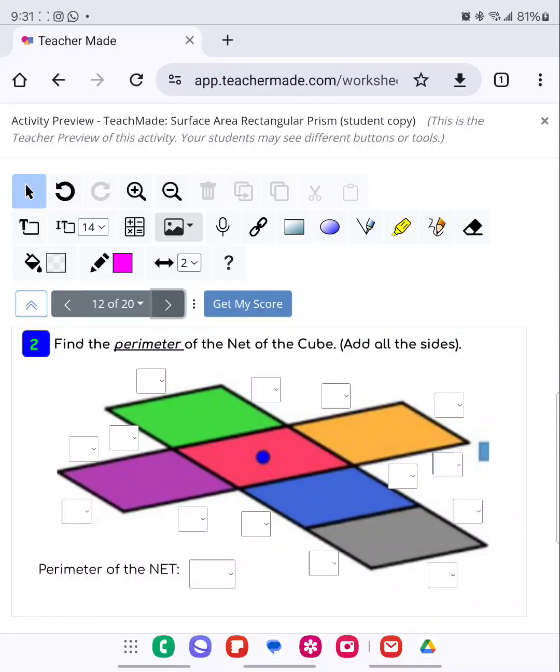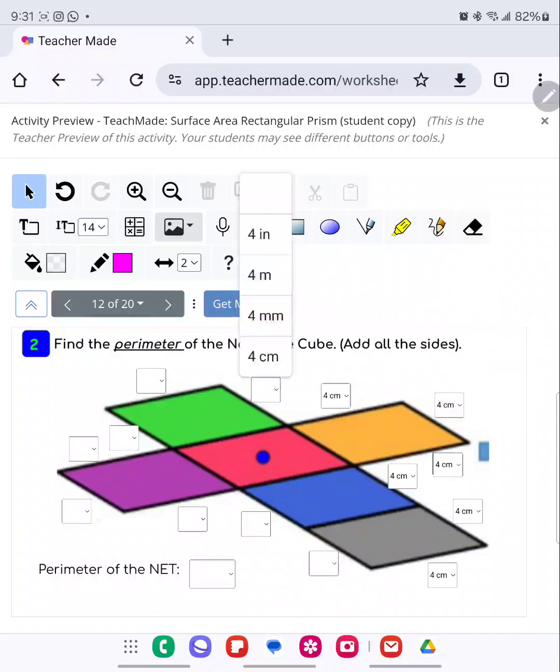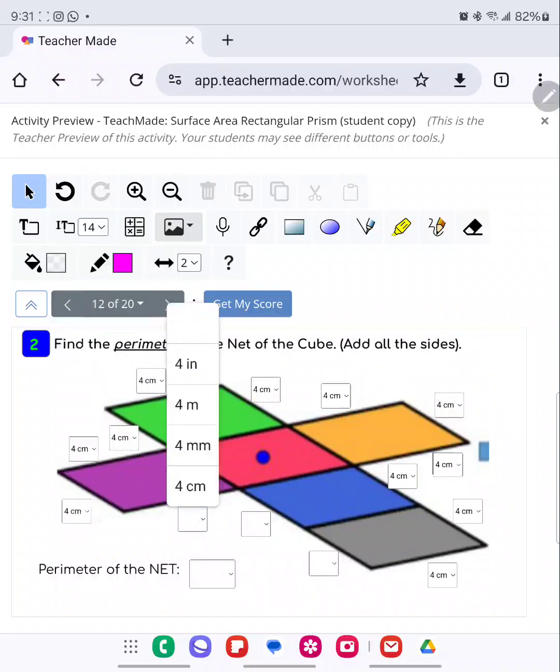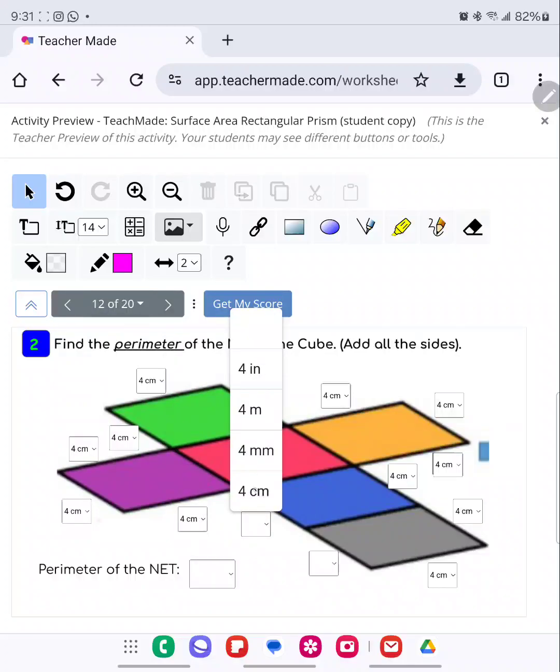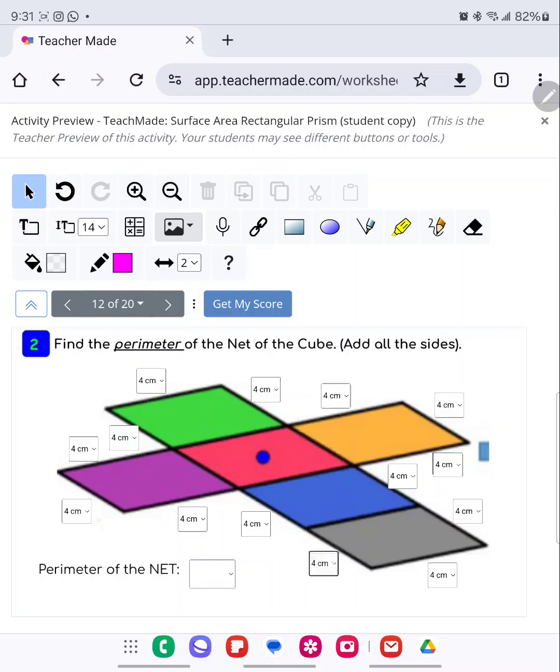So a net is when you flatten it out, right? So we got to label each side as 4 centimeters. So we're just putting 4 centimeters all the way around. If you notice, every little side is worth 4 centimeters.